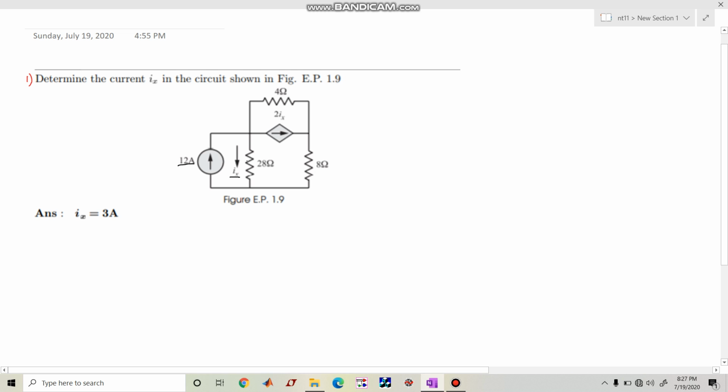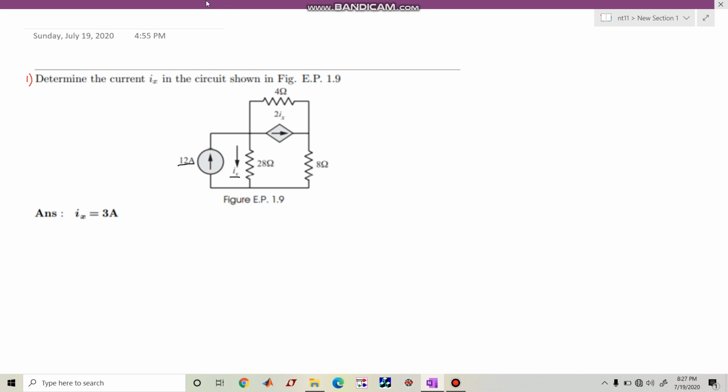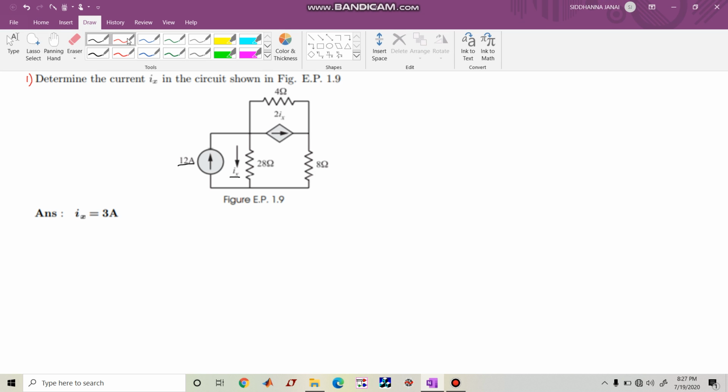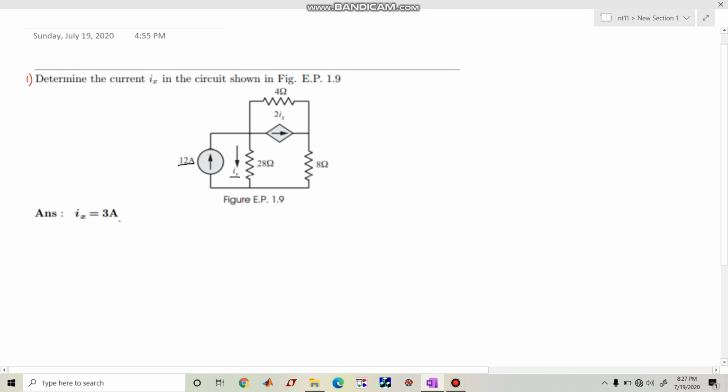Okay, so let us find out this Ix, and we can use multiple methods for solving this problem. As you know, there is mesh analysis, node analysis, super node, super mesh. But for this particular problem, if we use the node analysis method, it will be easier for us to solve.